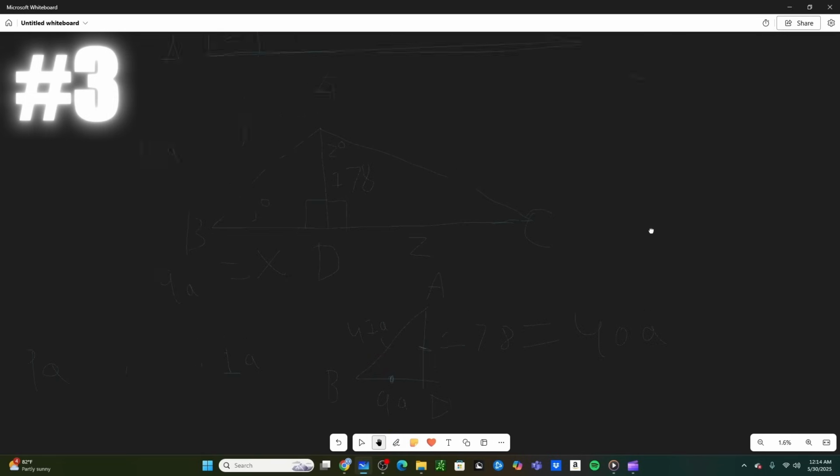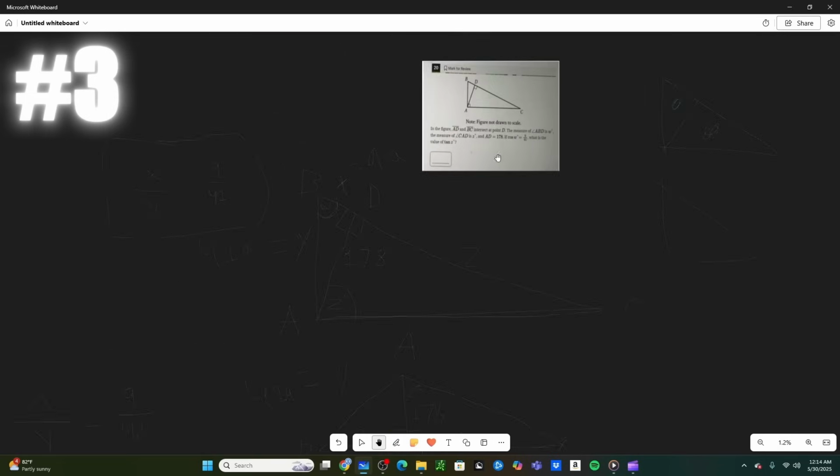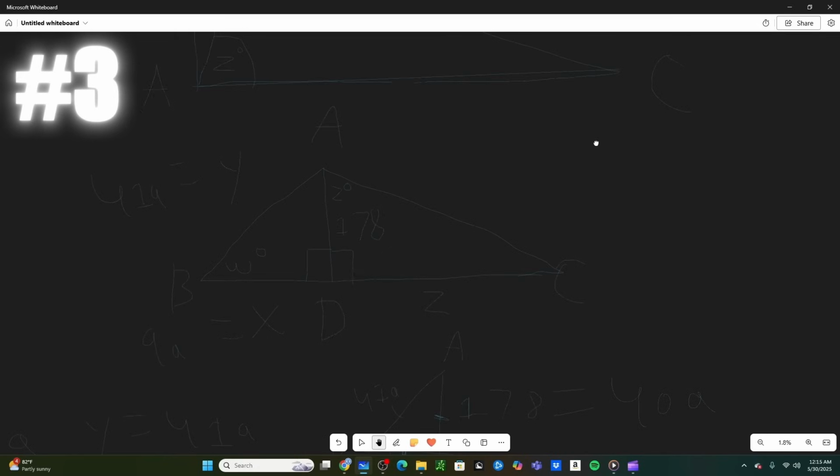Now coming back to what the question is actually asking us, right? It's asking us what is the value of tangent of z? Well, this side is z, and tangent is opposite over adjacent. So opposite here is z, adjacent is 178. But guess what adjacent also is? It's 40a. So really, now we know that this is z, this 178 is also equal to 40a. Now, one last thing.